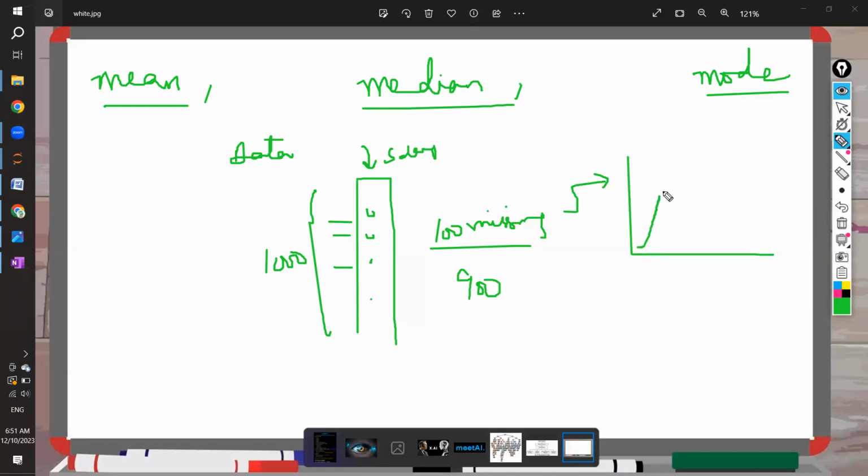If you see it is more or less normal, let's say symmetric, then you now have enough knowledge about symmetric distributions, right? You know that if it is a symmetric distribution, the mean and median will be almost the same. So of these 900 points, you can take out the mean or the median.